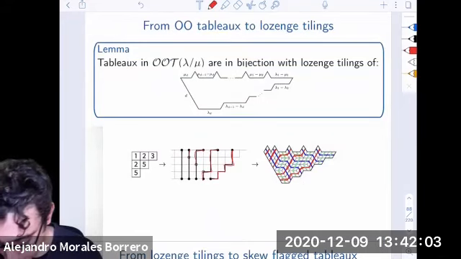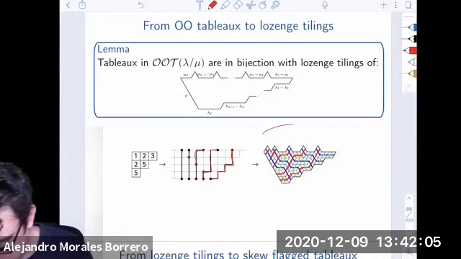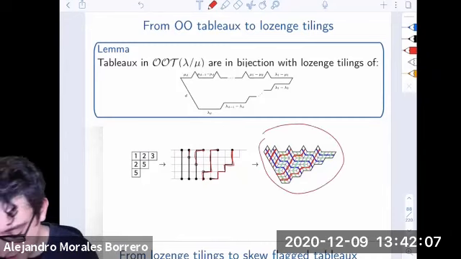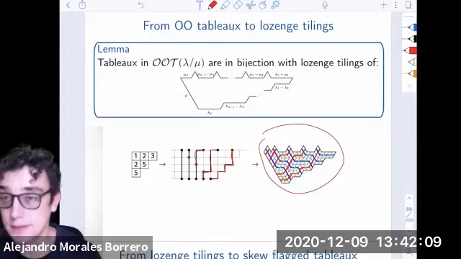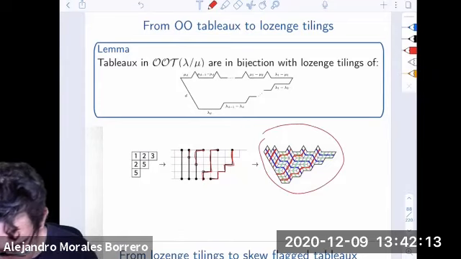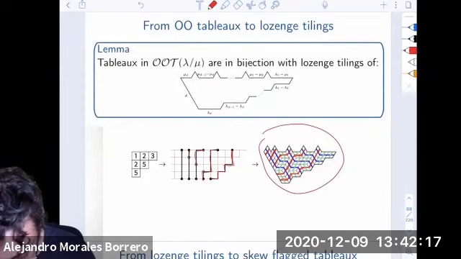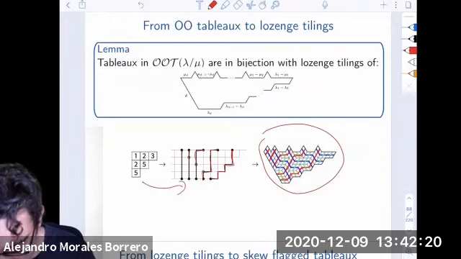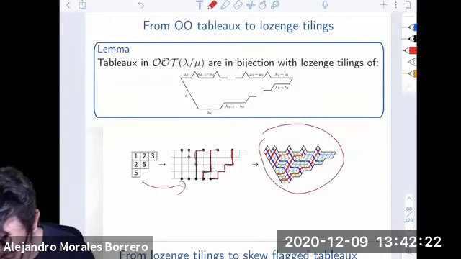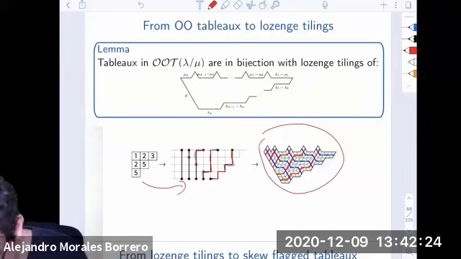And this is going to be the master object. From here, we're going to go to different places. So for now, hopefully this step is clear, and I claim that these paths here uniquely give you a lozenge tiling of this region, and you should just look at these paths.